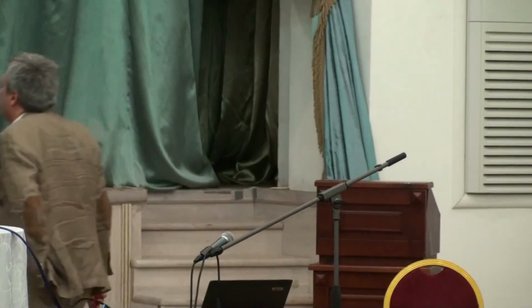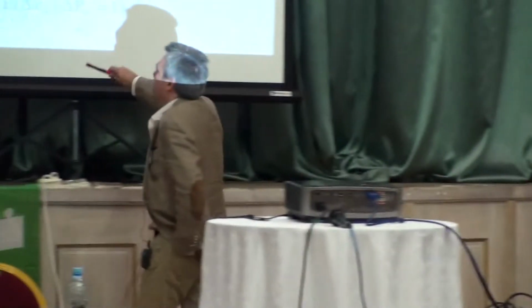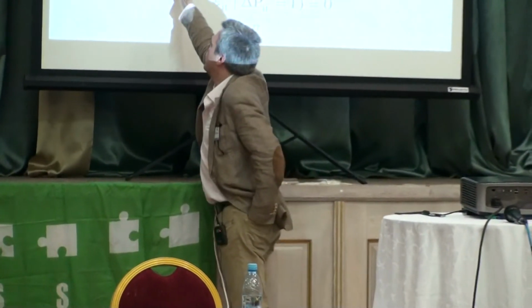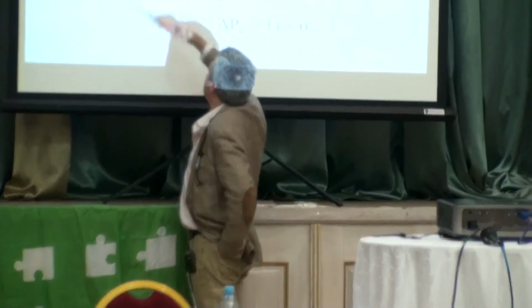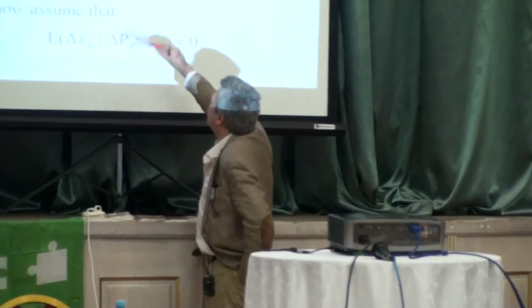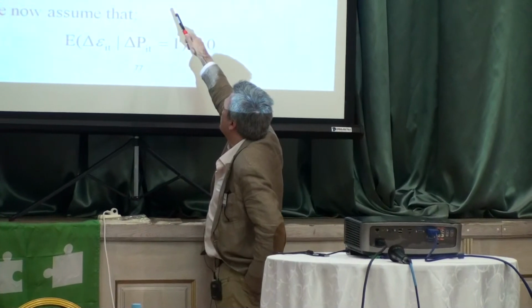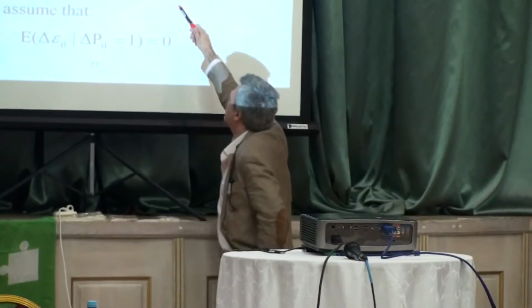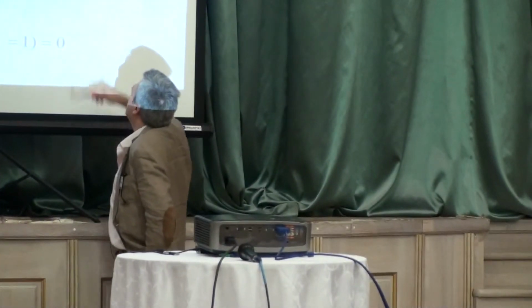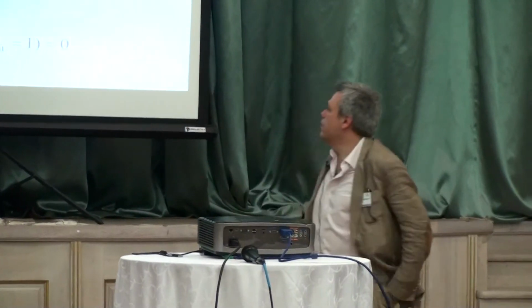So we take the change, then we condition on being a city that moved from no police to police, so the change in police is 1. Then that expectation is alpha 1 plus the change in lambda plus the change in the error term, given that the change in police is 1.